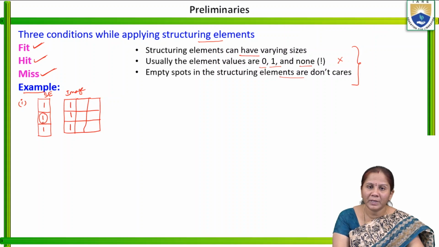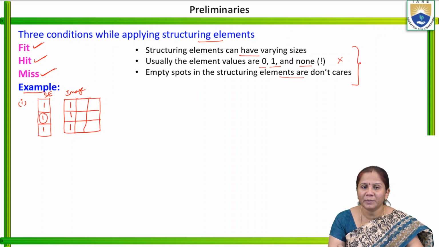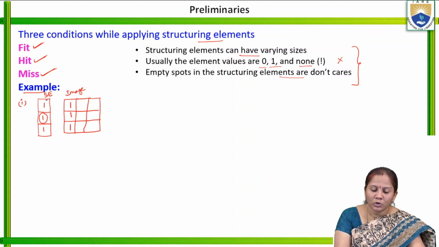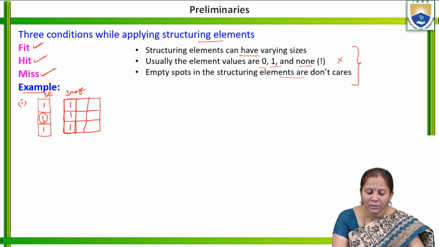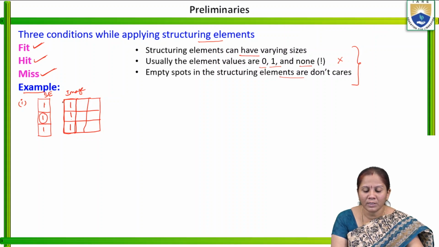When we place this on the image, it should be placed on each pixel of the image. If we place this structuring element here, the structuring element is placed as a mask on this image, and the same 1, 1, 1 will be placed on this 1, 1, 1.